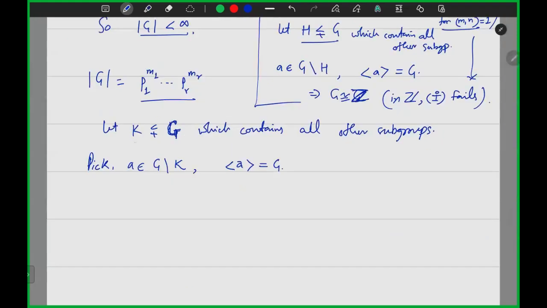But if such a K exists, taking any element outside K, we are getting G cyclic. That is also nice. Now we have shown that the order of G is finite and G is cyclic, because such a K which contains all other subgroups exists.